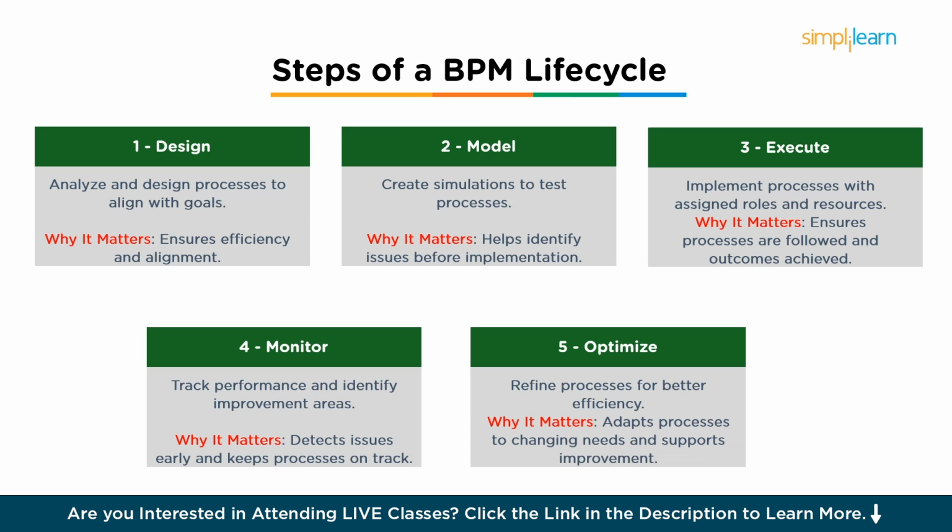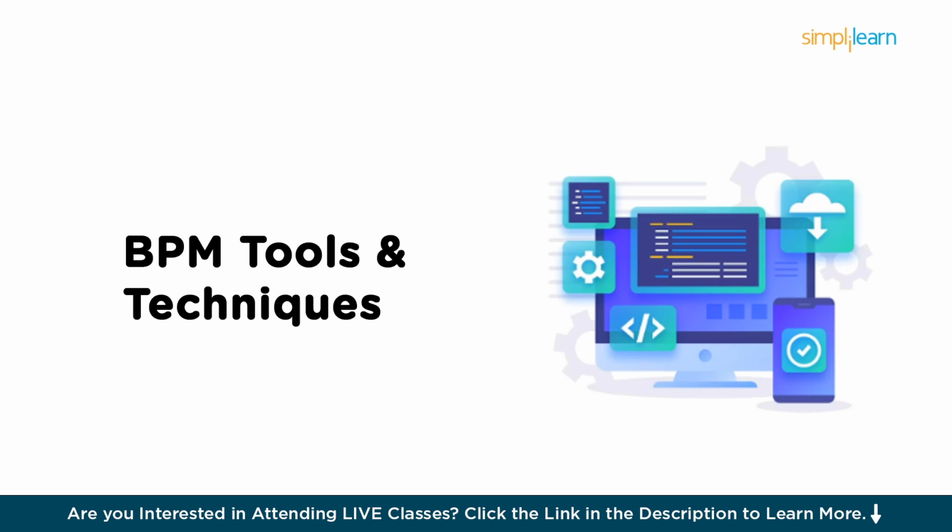In the next module, we will delve deeper into specific BPM tools and software that can help implement these processes in practice, as well as best practices for integrating BPM into an organization's culture. As we continue our journey through BPM, we'll learn how to apply these methodologies effectively across industries to drive continuous improvement and innovation.